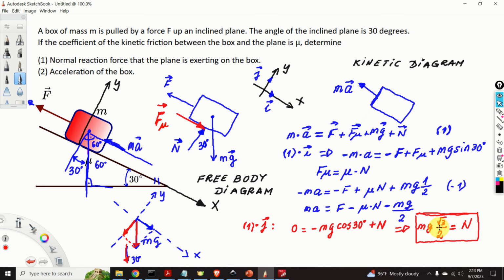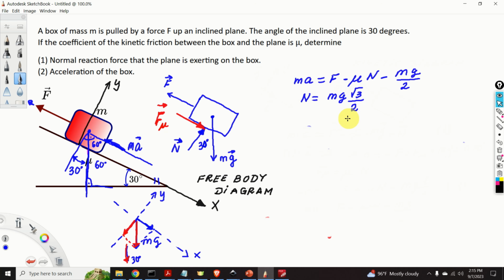To determine the acceleration of the box, we need to substitute this equation in this equation. Let's do that. In order to keep this video tutorial as clear as possible, I erased the previous derivation and I wrote the two equations over here. We need to substitute this equation in this equation and we need to find A. Let's do that.